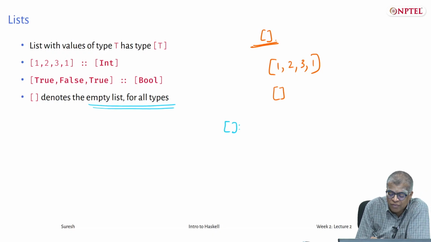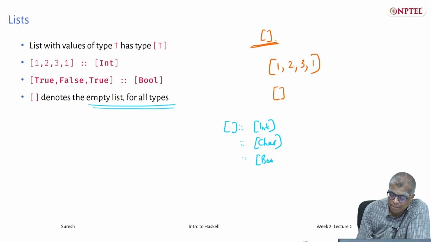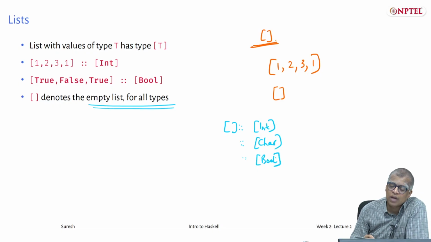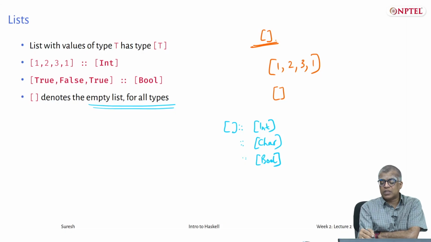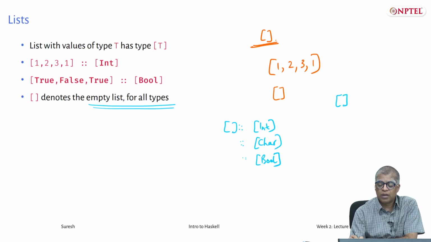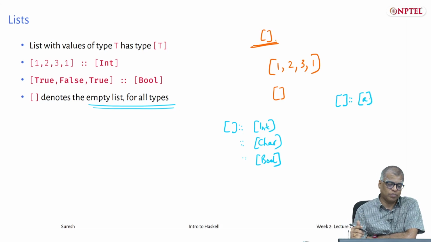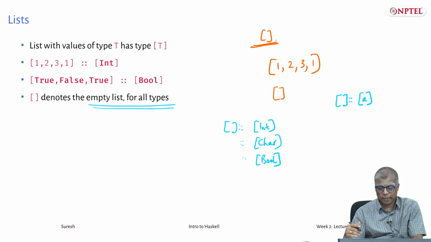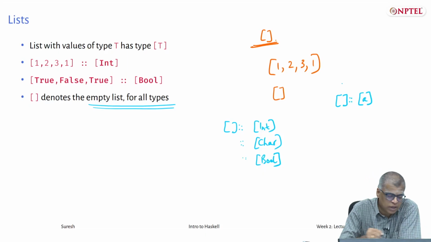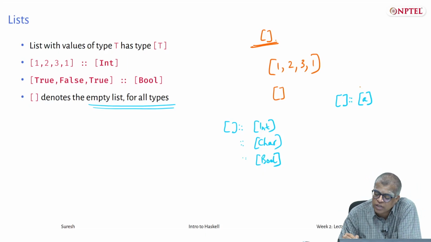So you can validly give this type list Int or list Char or list Bool, etc. As we will see in a few lectures, in Haskell you will represent this fact by saying that the empty list is of type list a, where a stands for any type whatsoever. In other words, a is called a type variable. We will see this in a few lectures.